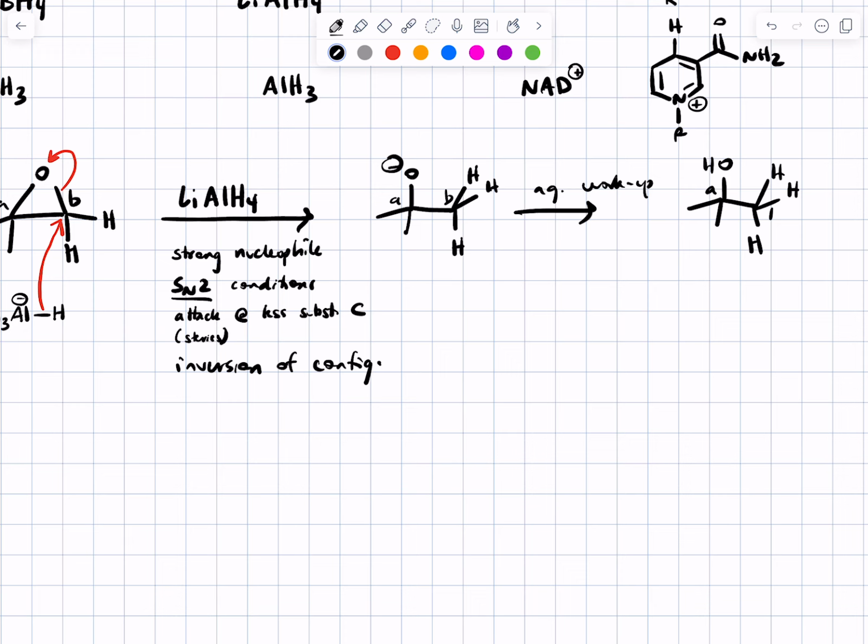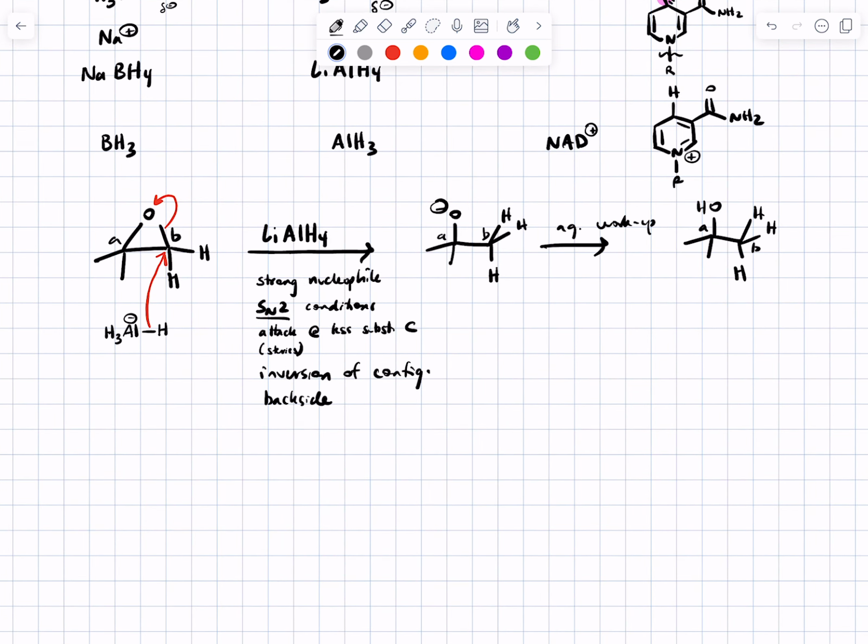I'm going to rely on you to be able to follow through all of the relevant stereochemical issues for this reaction: backside attack, inversion of configuration. The example I chose illustrates the regiochemical issues, which is we attack the less substituted carbon, but it doesn't demonstrate any stereochemical issues because we're not making a stereocenter.